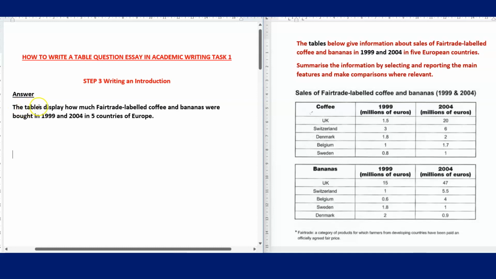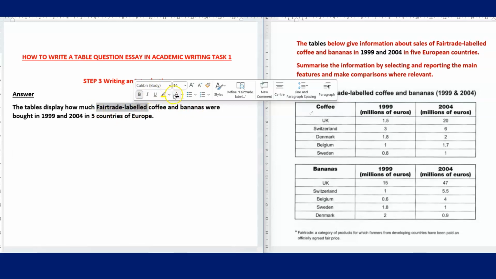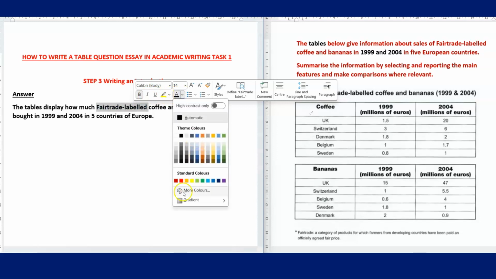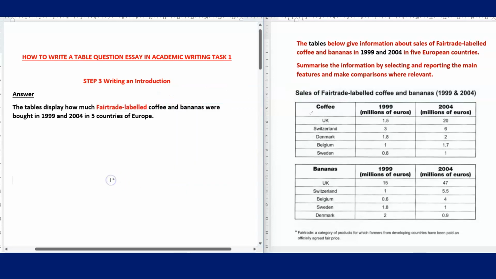The tables display, the tables, because it's two different tables, and display, you can see the subject-verb agreement. So the tables display how much fair trade labeled coffee and bananas. You cannot change the words fair trade labeled. You don't have to change every single thing that you see in there.